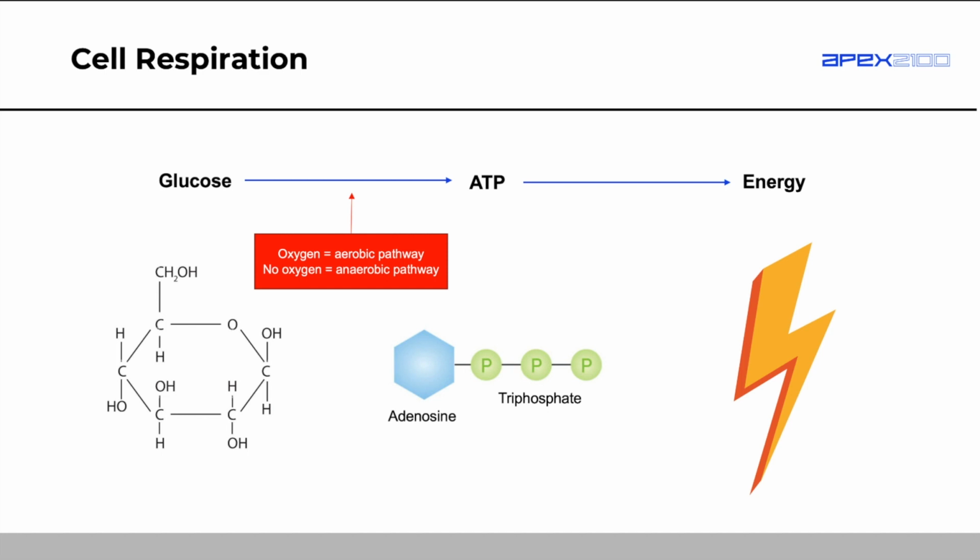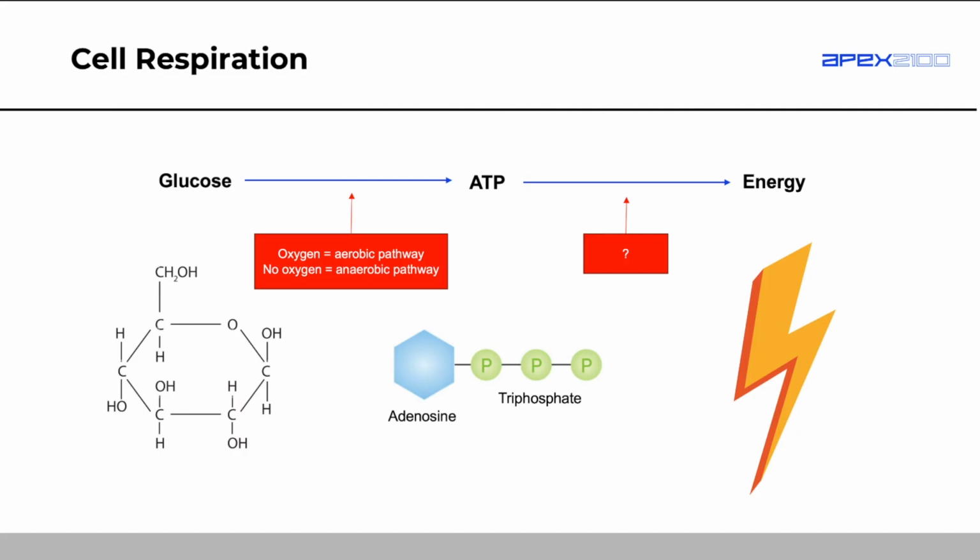The only thing that we haven't covered at all is how do we get from ATP to energy? So we understand that the formation of ATP from glucose is influenced by either the presence or the absence of oxygen.